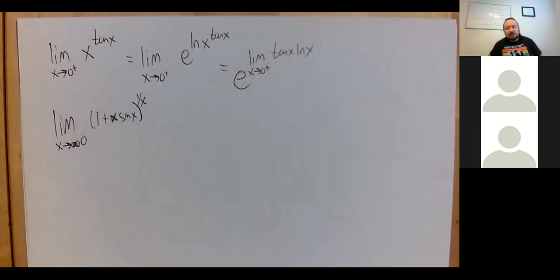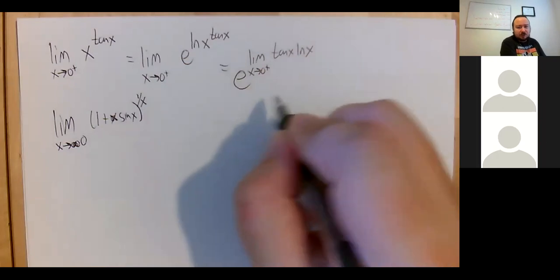So this would be something that's kind of similar to e, but we couldn't just use the trick. This just wouldn't end up being naturally e to the sine of x or anything. So I guess we could take a look at this one instead.